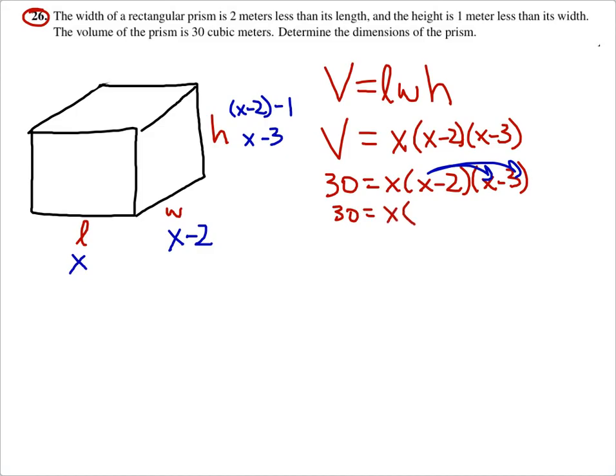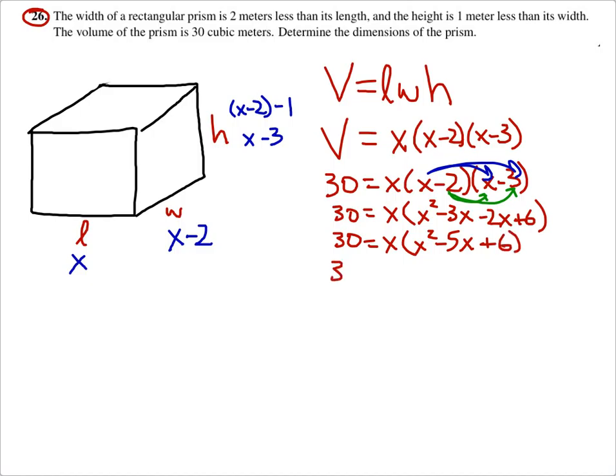30 equals x times x squared minus 3x minus 2x plus 6. So 30 equals x times x squared minus 5x plus 6.